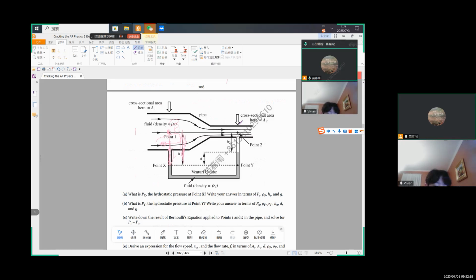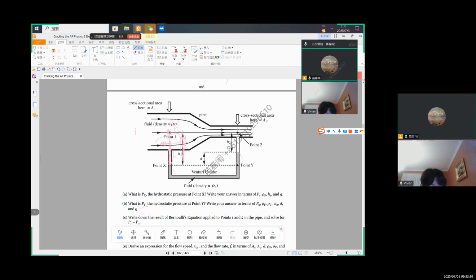How about PY? It's similar, right? At point Y, what's the hydrostatic pressure here? I think it's the same thing, unless there's a little bit of something else adding, right? So there are 3 parts. One is what you give in here, which is P1.